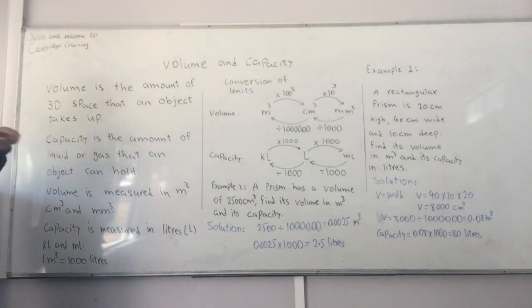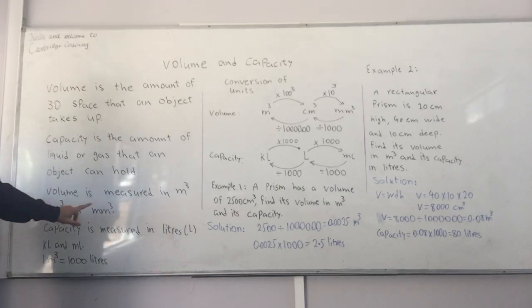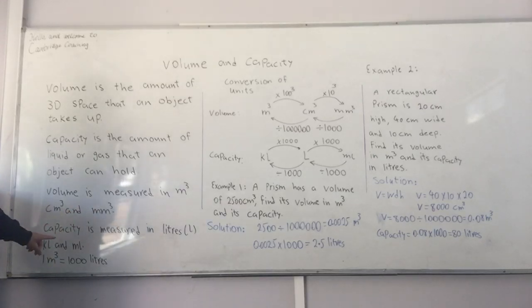Alright, that's the other point that I was going to bring up. Volume is measured in cubic meters, cubic centimeters, and cubic millimeters. And capacity is measured in liters, kiloliters, and milliliters. And you remember I said that we can go from volume to capacity. We got to use that.